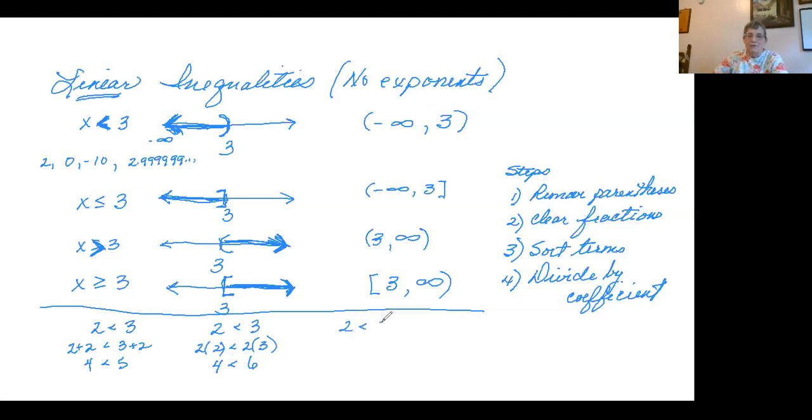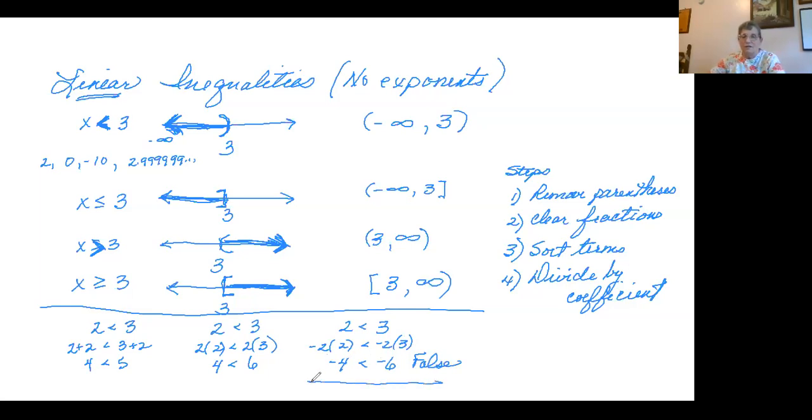But if I were to multiply by a negative 2, if I said negative 2 times 2 is less than negative 2 times 3, now I get negative 4 is less than negative 6, which is false.